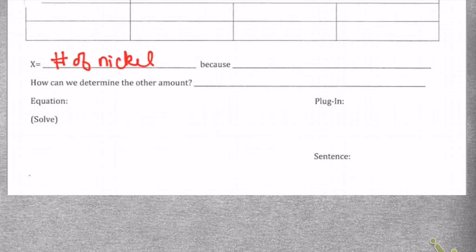And again, because that's what we're looking for. And how do we find the other amount? Well, if we have 40 total coins, then if X is the number of nickels, then the dimes would be equal to 40 minus X.